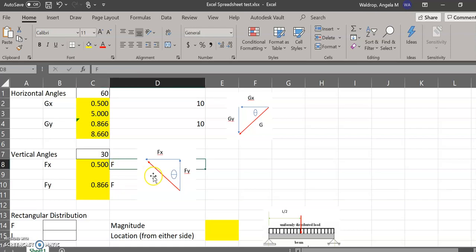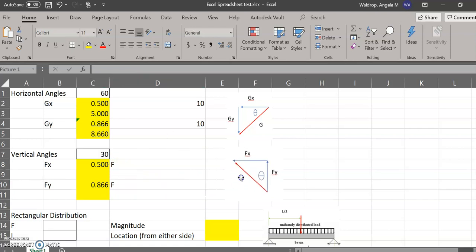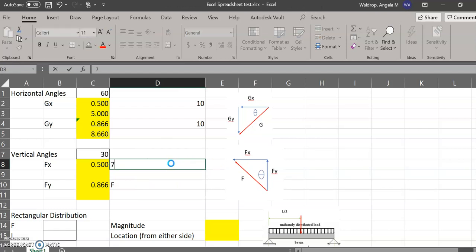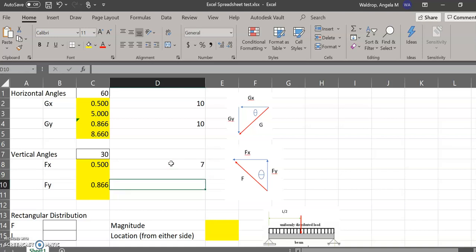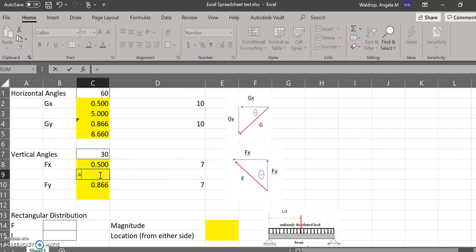And again, what I can do here is I'm going to move my picture over to the side, and I'm going to go ahead and type in a value here. We'll use 7 in this case. And we can make it equivalent here. That way we don't have to type it in twice. And then we'll do our calculations.